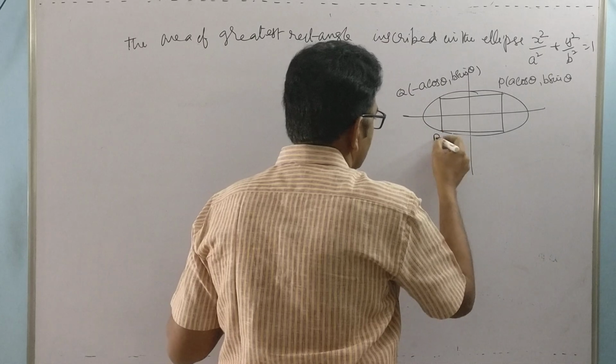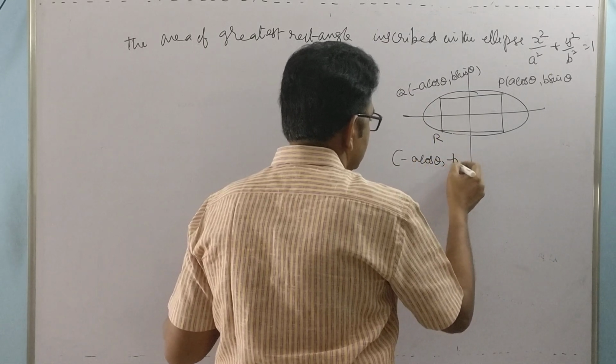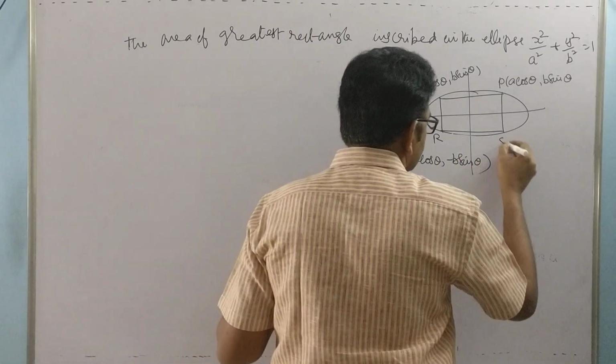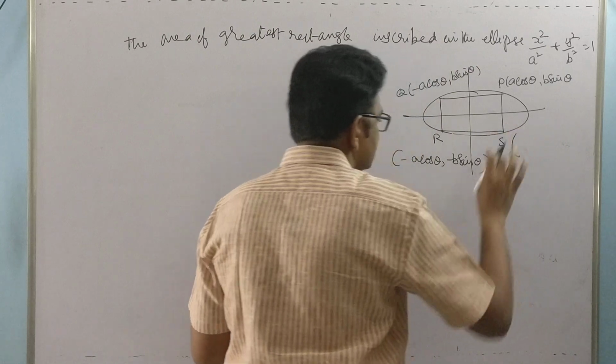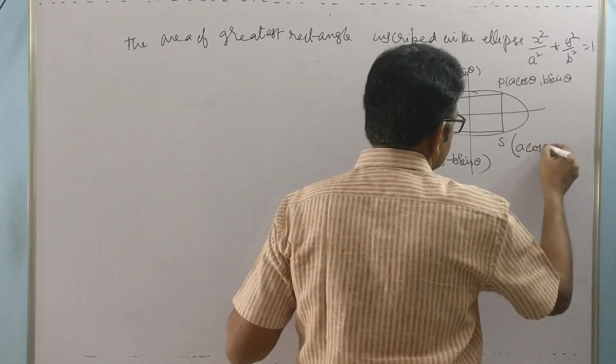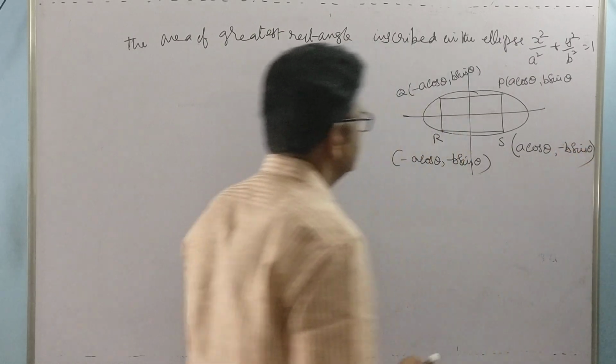Let this be R, minus a cos theta and minus b sin theta. And here S, not the focus, is one coordinate: a cos theta, minus b sin theta.